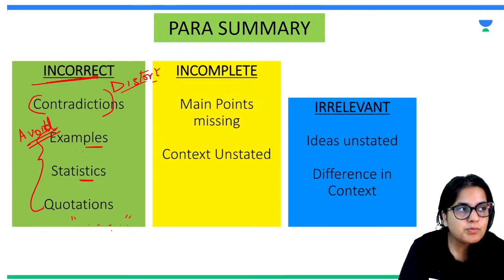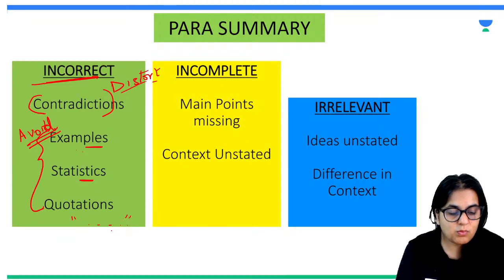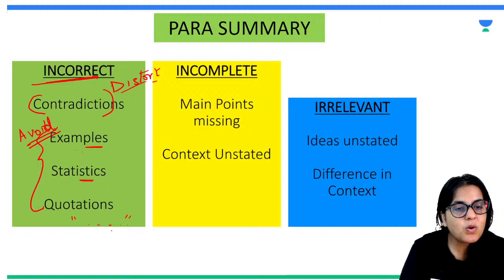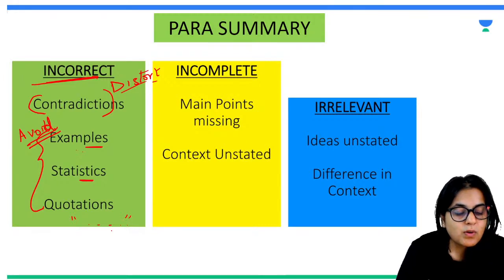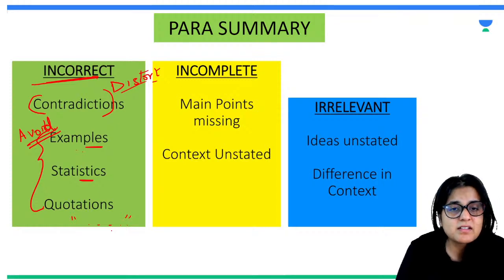You cannot select an option which says 'be the change you wish to see in the world', because that's directly Mahatma Gandhi's words. It's someone else's quotation, you cannot bring it directly there. So avoid statistics, avoid examples. But if you feel that the other options are completely distorted or have changed the whole idea or meaning, then fine, you can go with an option where there is an example.